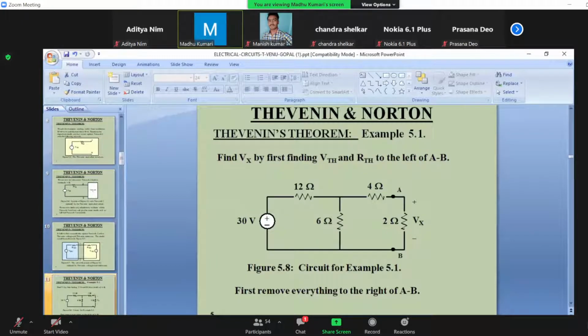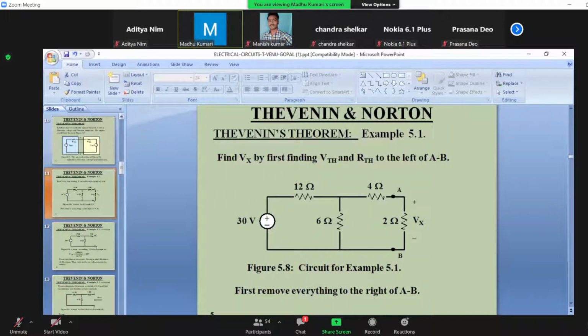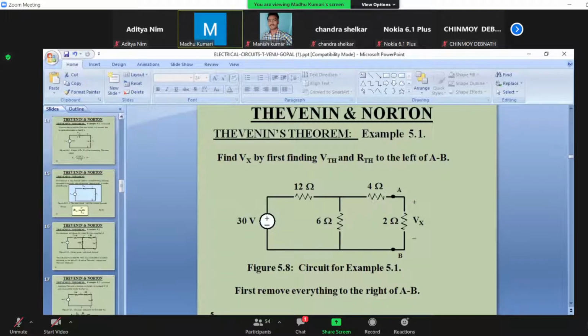Now come to this part. Example, please solve it. Find Vx by first finding V Thevenin and R Thevenin to the left of AB.